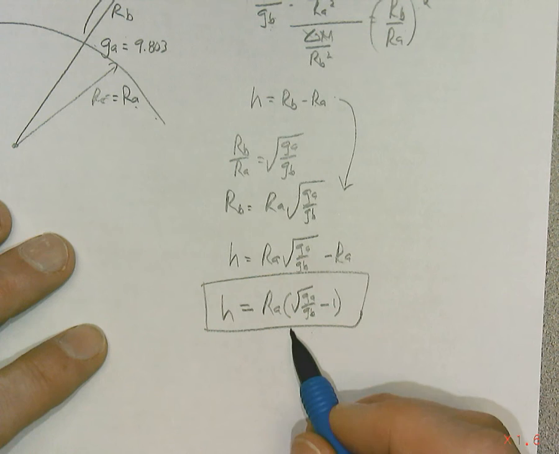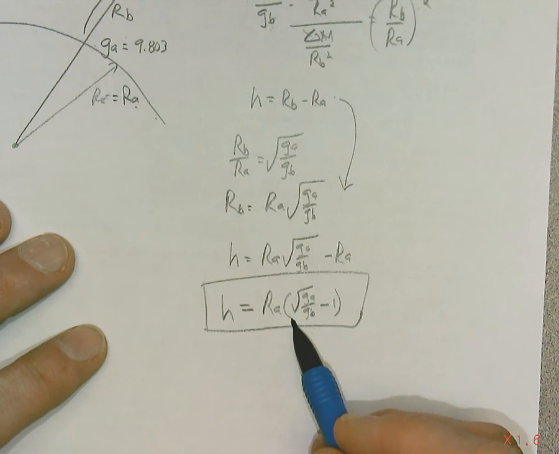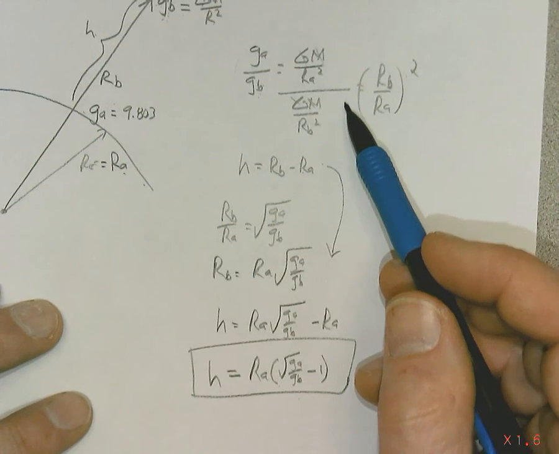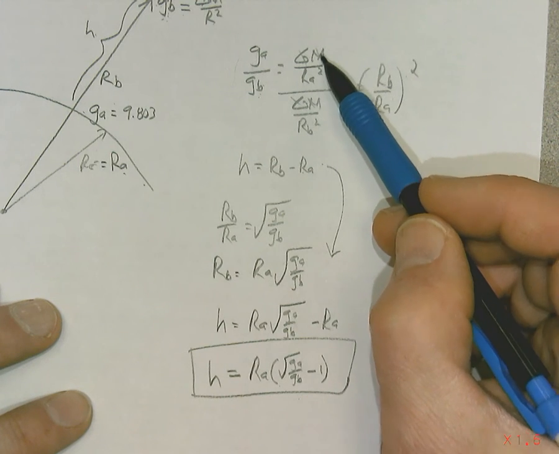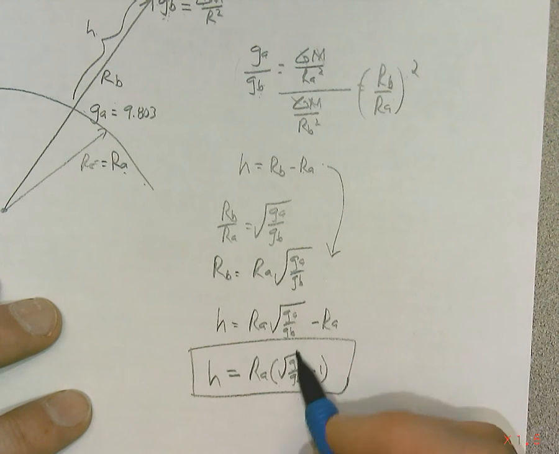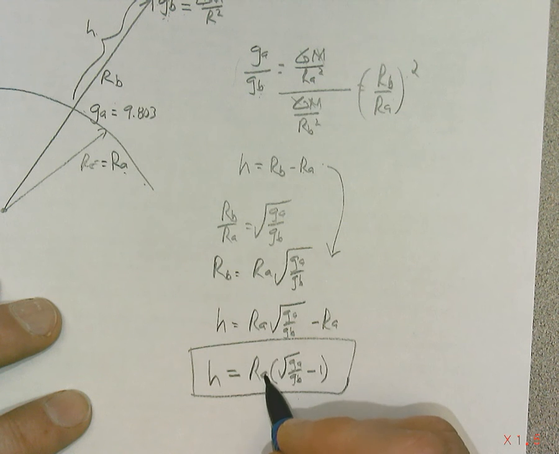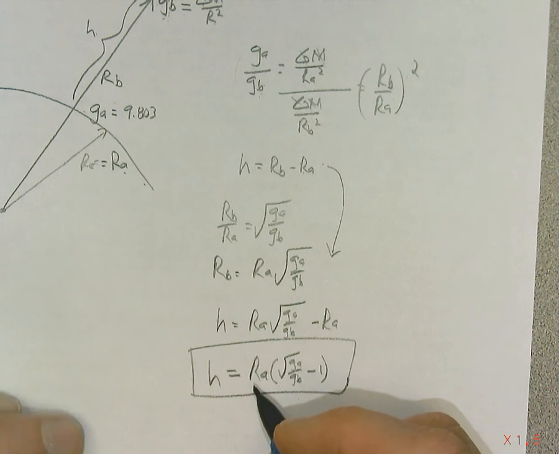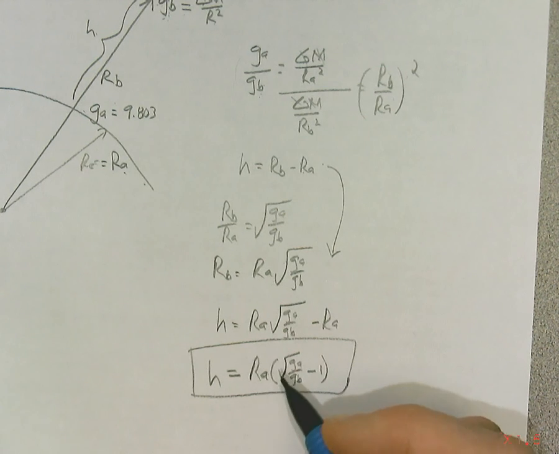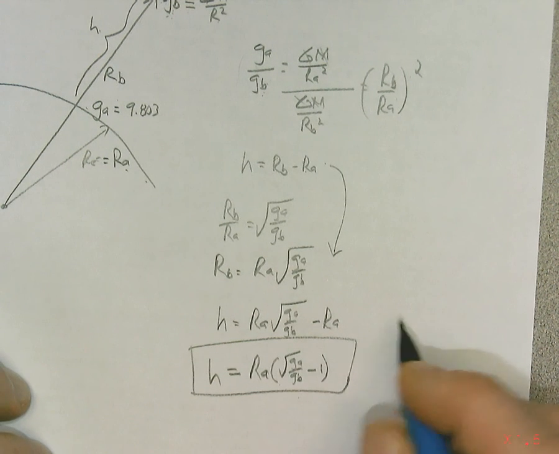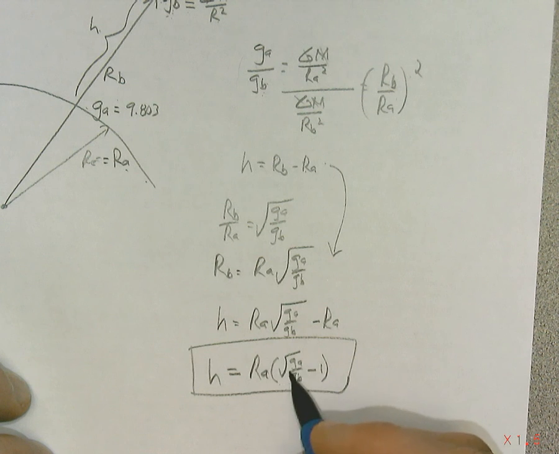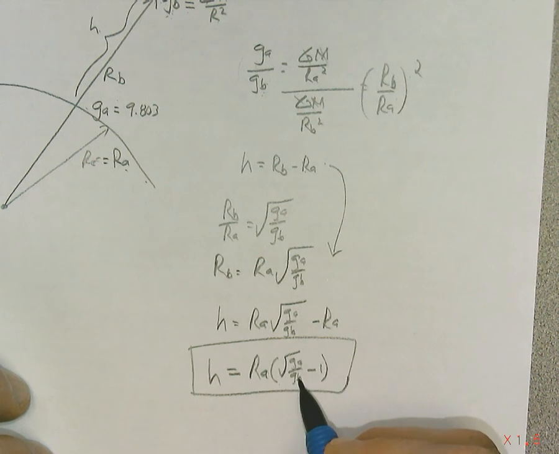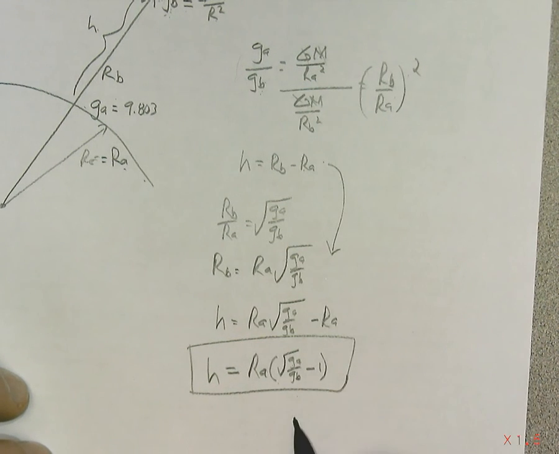So here it is, and I kind of like this form because we didn't have to know the universal gravitational constant and the mass of the Earth canceled out, but you do still need to know the radius A. Of course, it's given to you at 6.371 times 10 to the third kilometers. And these are given in the problem as well: the gravitational field at the surface, the gravitational field at the new location. So there is your solution.